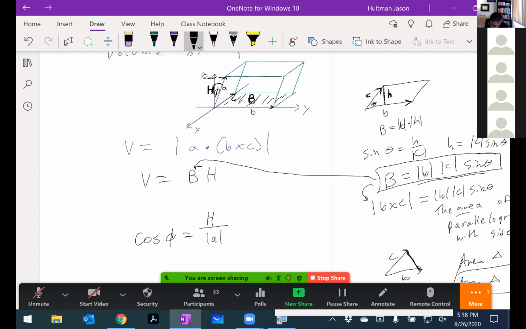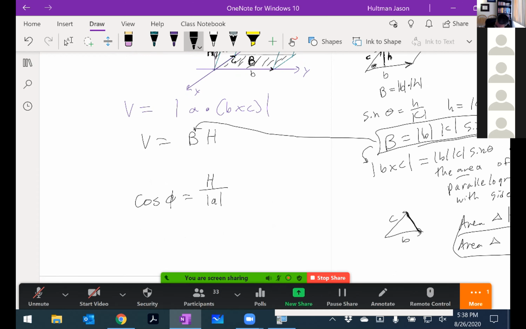So far, so good? Okay, cool. So what is H? Isn't H the magnitude of A times cosine of phi? Yeah. And what was B? B was the magnitude of B cross C.